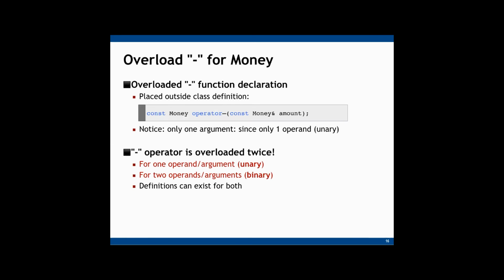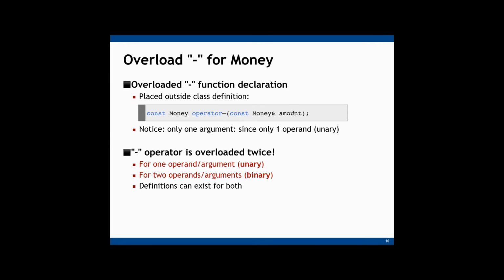This example will show you how to overload the unary operators. It is very similar to overloading binary operators. It also uses the operator keyword and specifies the operator symbol here. The only difference is that we had 2 arguments for the binary operators, but for unary operators we only have 1 argument.